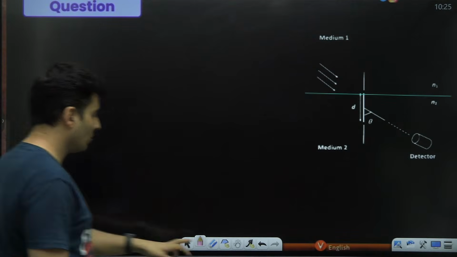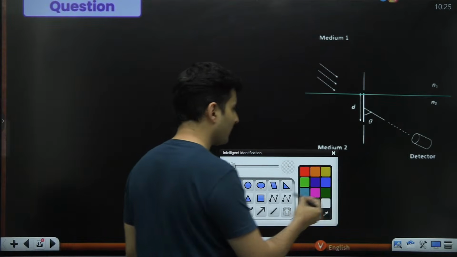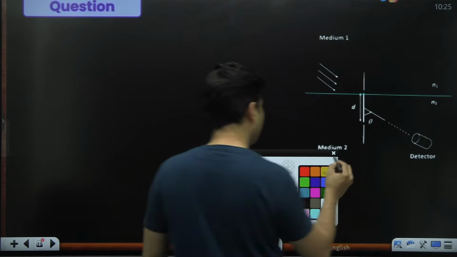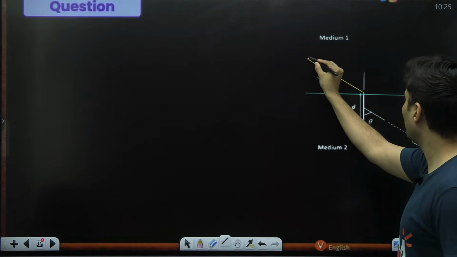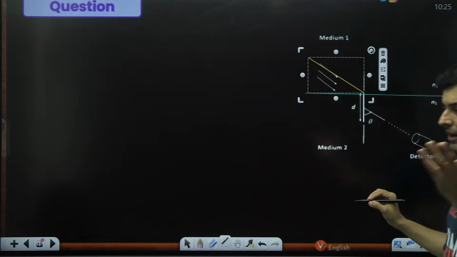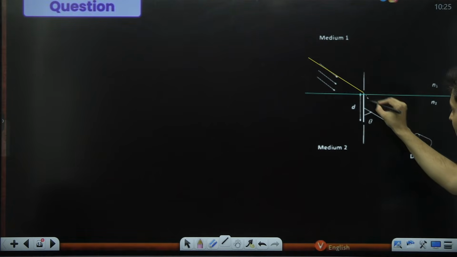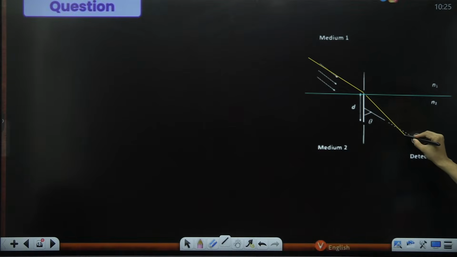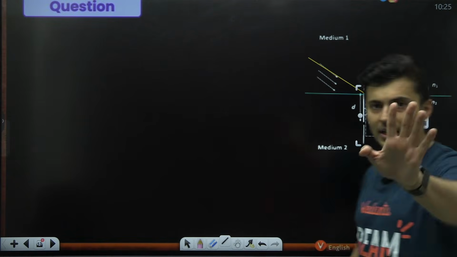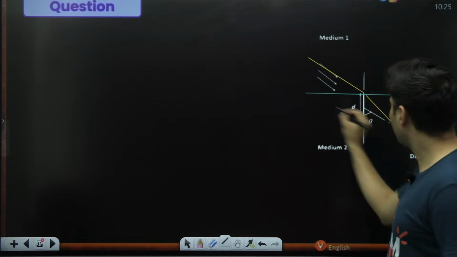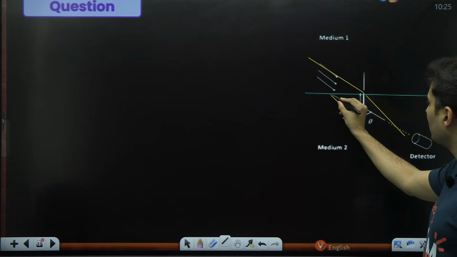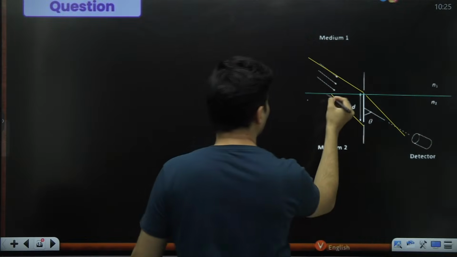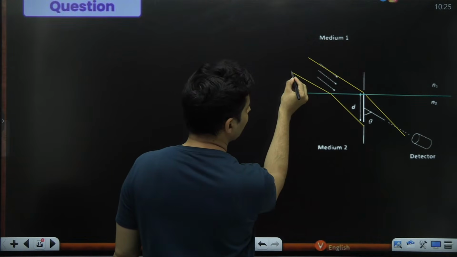Let me consider two rays now. Just imagine one of the rays is like this, and let's say it goes particularly like this. Another ray comes in this particular manner, and before refraction it was like this.